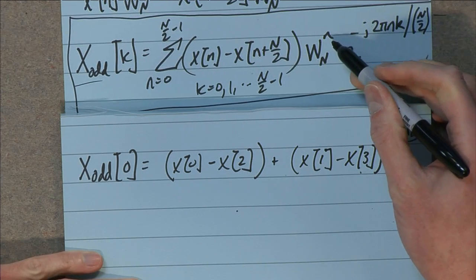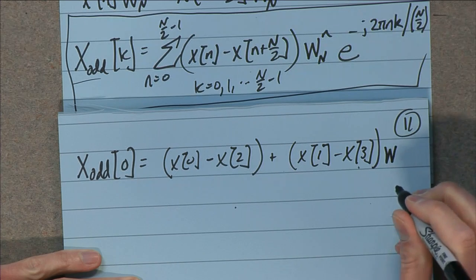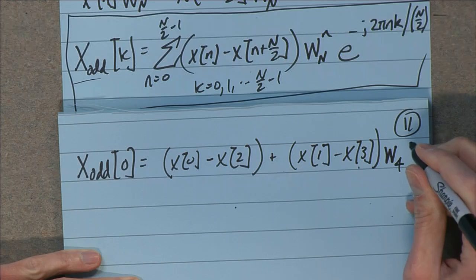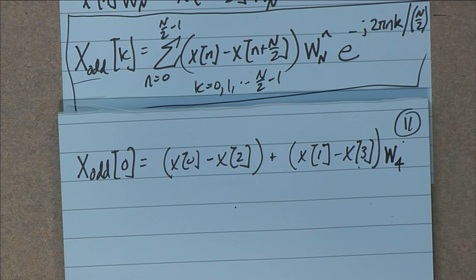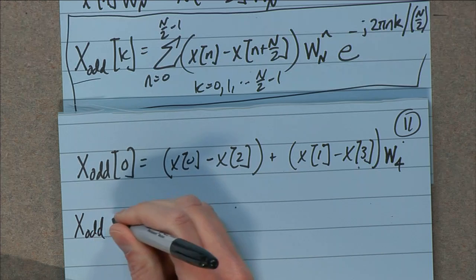n is 1 now, so we end up with something here. And this is what? It's capital N, so it's 4, and n is 1. So we still end up with a complex weight there. Now let's get the last one.